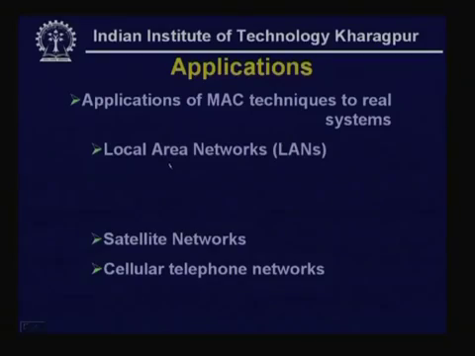In the next few lectures we shall discuss the applications of these medium access control techniques used in broadcast communication, and 3 important applications we shall consider. First one is local area networks, second one is satellite networks, third is cellular telephone networks.